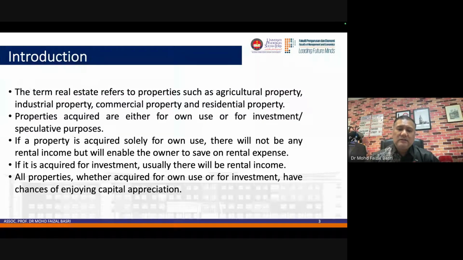Okay, so don't focus real estate ni hanya untuk beli residential property saja. It's actually more than that, right? So as I said, all of these properties, income dia boleh datang dalam bentuk rental, okay, or it can be in a form of price appreciation.